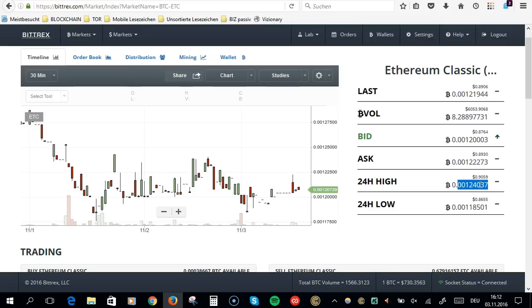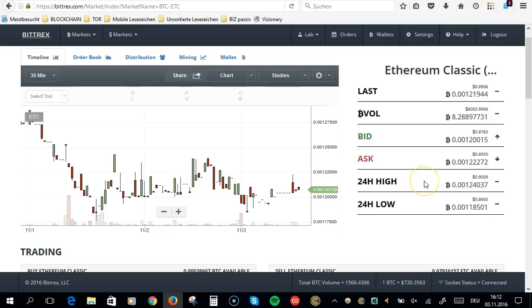As we all know, Bitcoin can be divided by 8 digits behind zero. So it can be divided in very small parts, and one Satoshi, which would be 7 zeros and a 1 in the back, is the smallest amount of Bitcoin you can get.